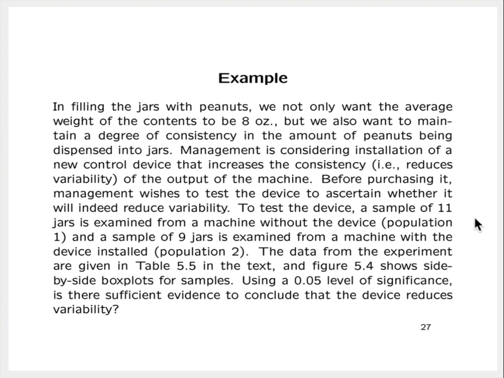The data from the experiment are given in table 5.5 in the text, and also on the next slide. And figure 5.4 shows side-by-side box plots for the data. So that's from the textbook from which I got this example. But what we want to do, using a 0.05 level of significance, is ask: is there sufficient evidence to conclude that the device reduces variability? So let's see how we can answer that question.